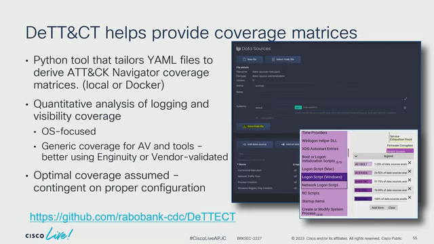So if I know my environment and I'm saying, okay, I collect Sysmon, I collect firewall logs, I do all of these things, I can use this tool to create that for me, and then I can convert it from YAML to JSON and bring it into Navigator. And then I can compare who I'm up against with what I do really, really well. So within a couple minutes, I can do kind of a self-assessment to see how I would fare against those vendors or those groups.